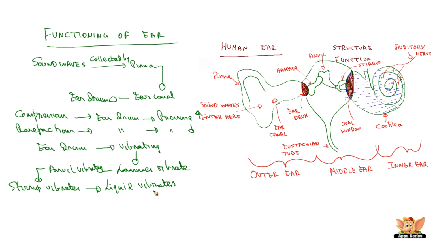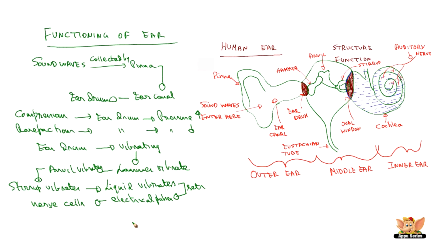Now these electrical impulses are carried by the auditory nerve. So the liquid starts vibrating. What happens then? Electrical impulses get set in the nerve cells.